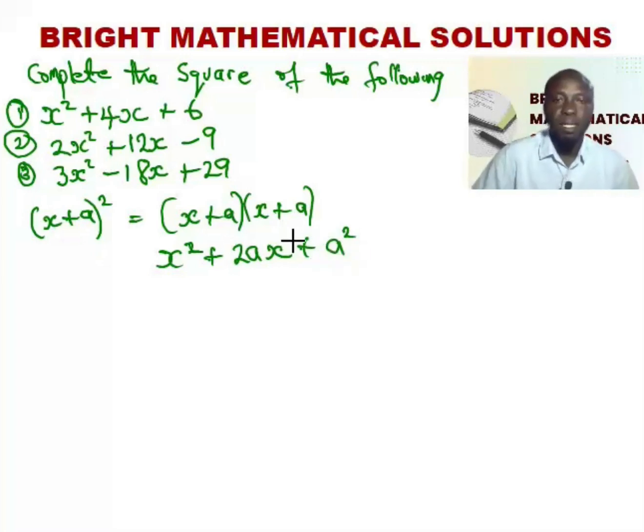Now, we can rewrite this back to this, such that the first expression that we have here is in square. The last expression that we have here is a perfect square as well. It is the square root of this that we have here, and the coefficient in the middle is half of this.